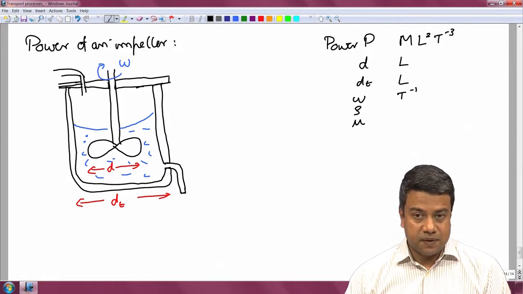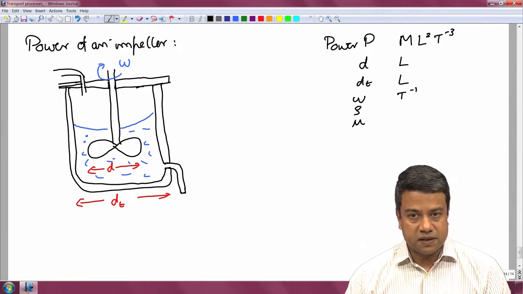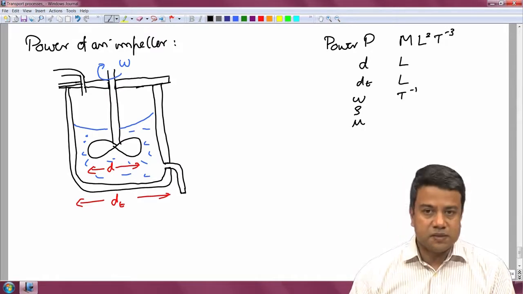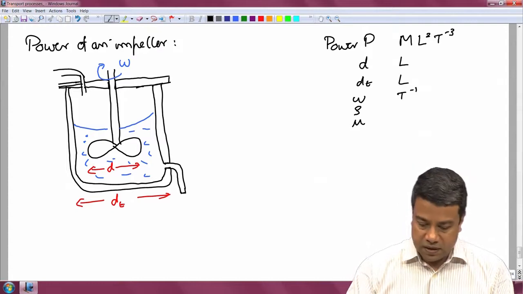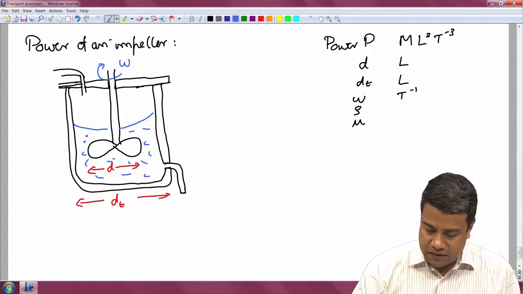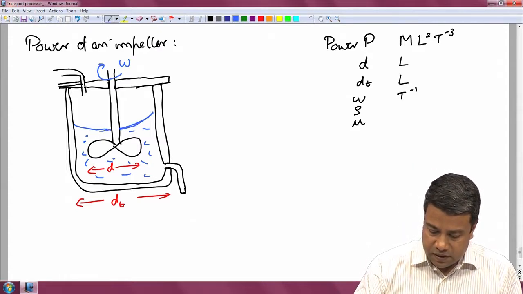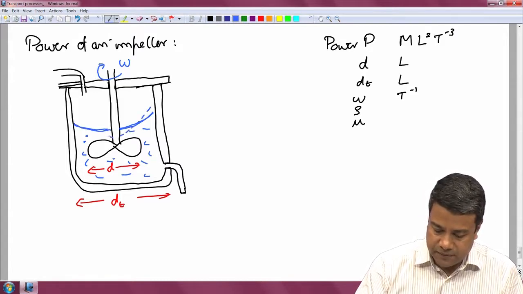It does depend upon also the gravitational acceleration and the surface tension. The reason is because as this impeller is being rotated, you will find that due to centrifugal forces, this interface shape will actually deform. At low rotations it looks something like that, at very high rotations it looks something like this.